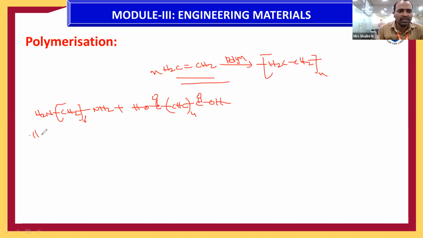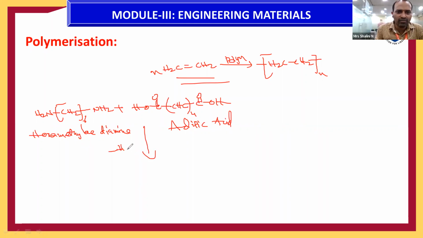This is hexamethylene diamine, and this one is adipic acid. They undergo polymerization, with removal of a water molecule, and we get nylon 66.